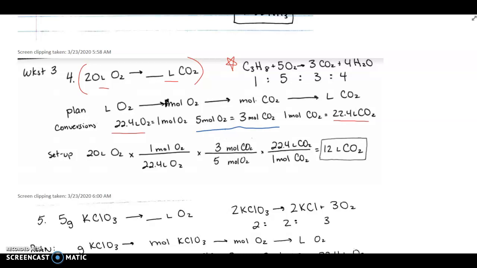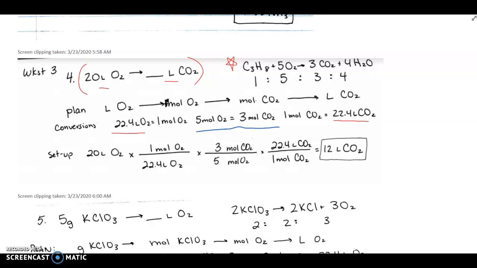So we are eliminating the liters of O2 first over the moles of O2, then the 5 moles of O2 on the bottom with 3 moles of CO2 on the top, and then 1 mole of CO2 on the bottom with 22.4 liters of CO2 on the top. So each of your arrows in your plan is a conversion. Each of your conversions sets up as one of these fractions.